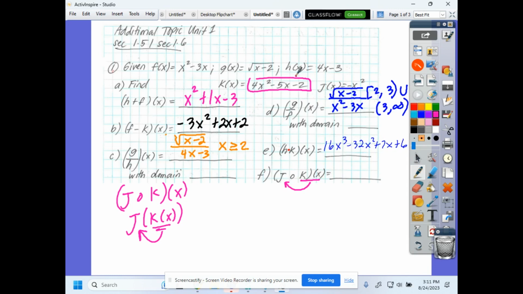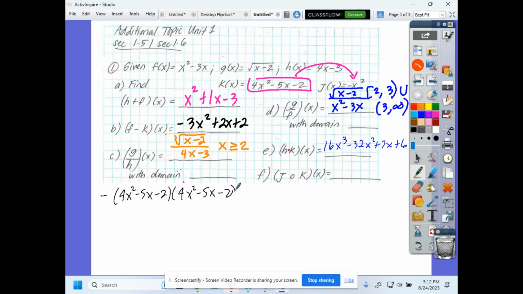Where's j? Right here. So you're going to have negative the quantity 4x squared minus 5x minus 2, squared. The meaning of this squared is that you're going to write it twice. So now we wrote it twice.